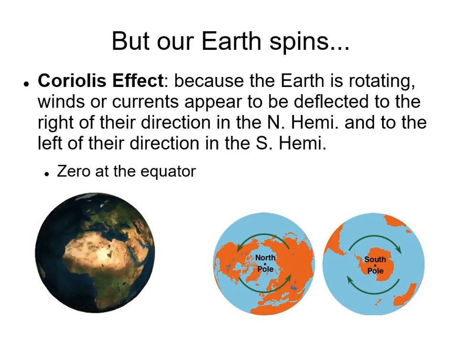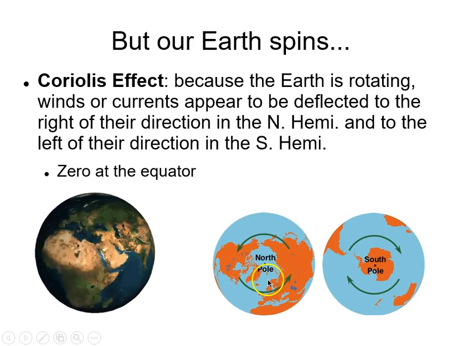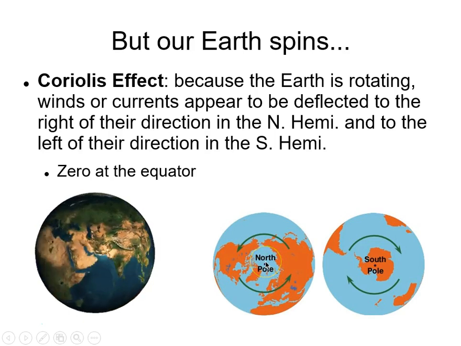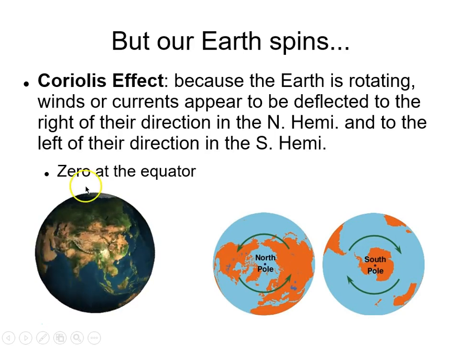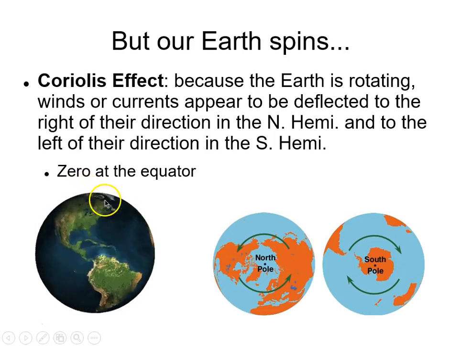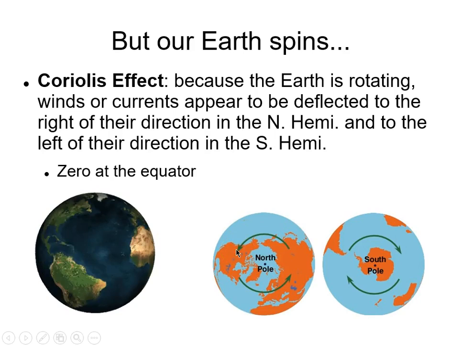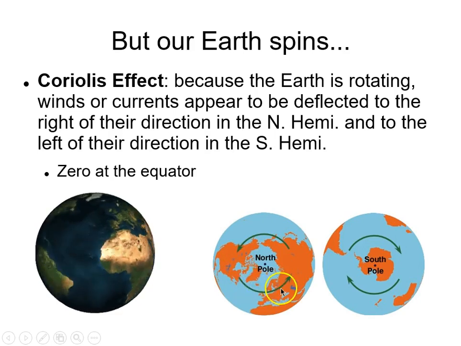But if you look at the Earth from the North Pole or the South Pole, it gets a little bit trickier to say which way Earth rotates, because if you're looking down on the Earth, and you can look at this video to see this, if you're looking down on the North Pole, the Earth actually circulates counterclockwise.